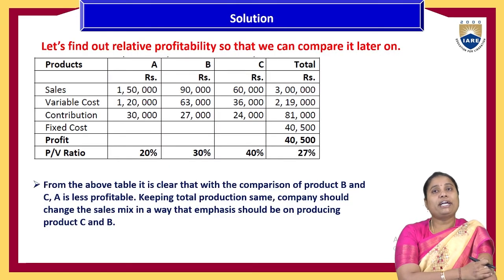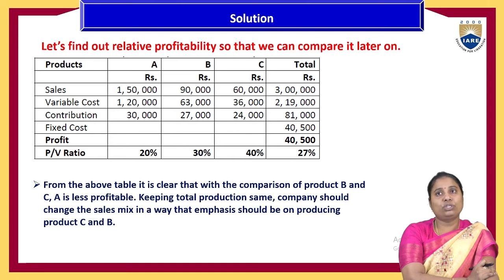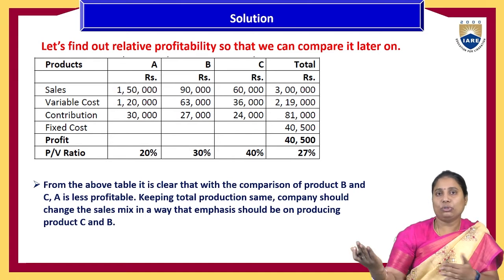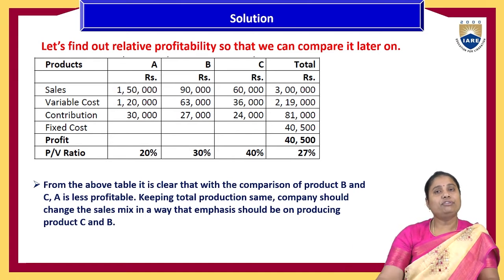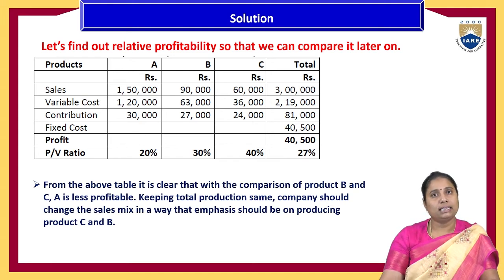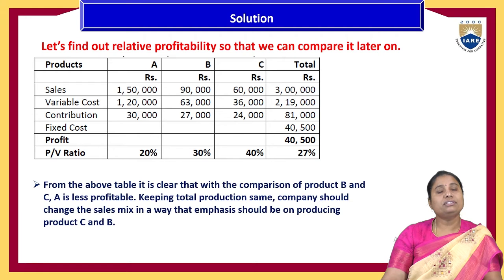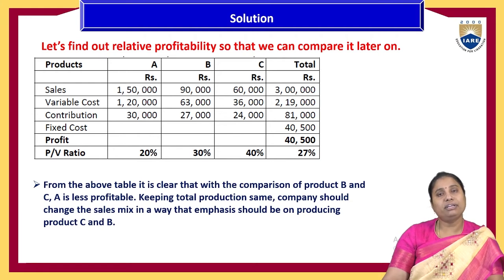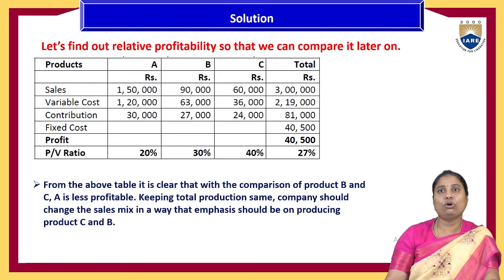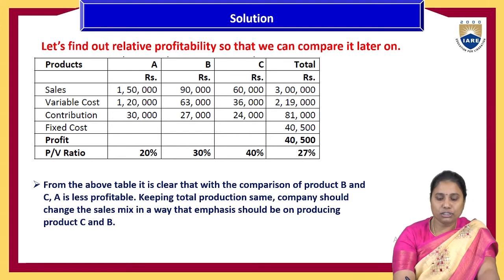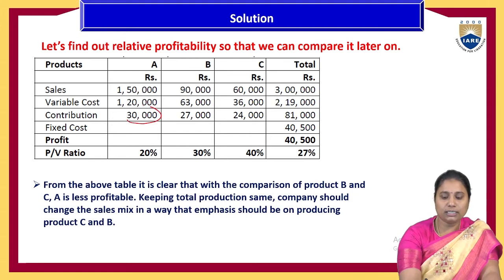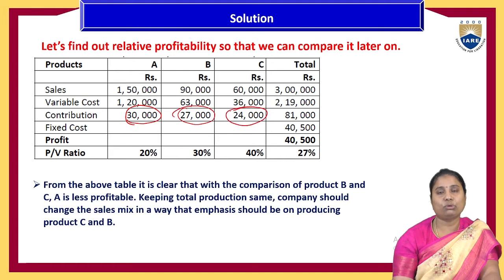So let's find out the relative profitability so that we can compare it later. First of all, sales are 1,50,000 for A, 90,000 for B, 60,000 for C. So the total is 3 lakhs. If we subtract the variable cost from the sales, the contribution of A is 30,000, B is 27,000 and C is 24,000.